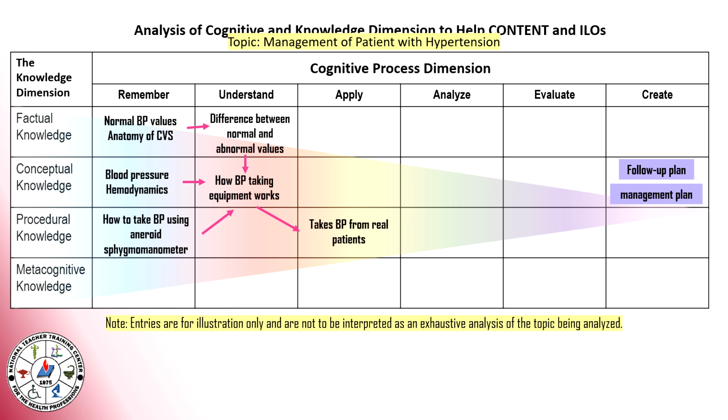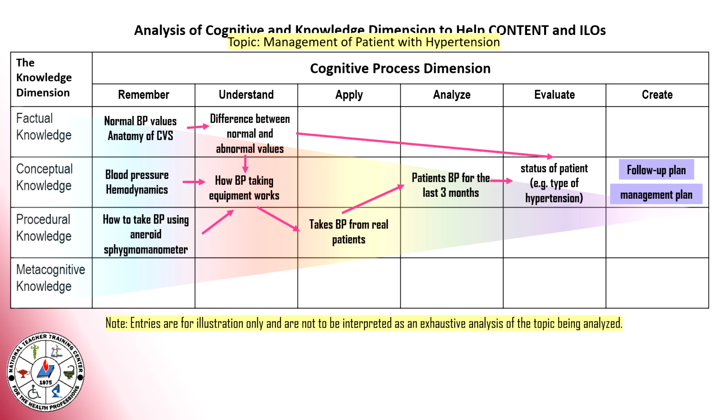And then since the students are able to take BP from real patients, they should be able to utilize that knowledge about normal values, hemodynamics, to analyze patients' BP for the last 3 months, and then eventually evaluate patient status.